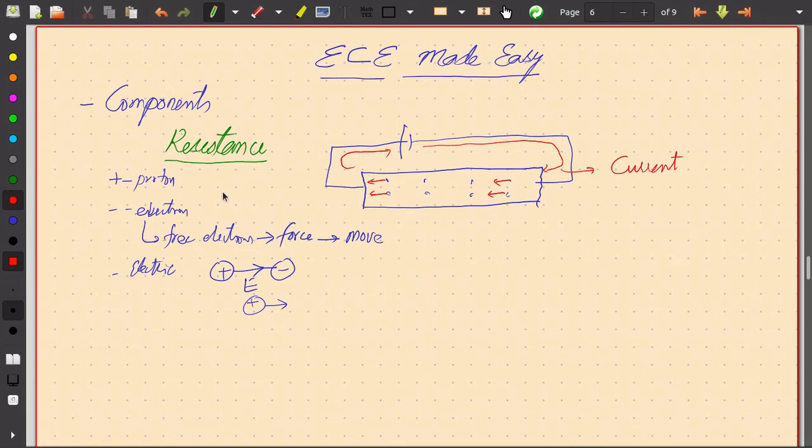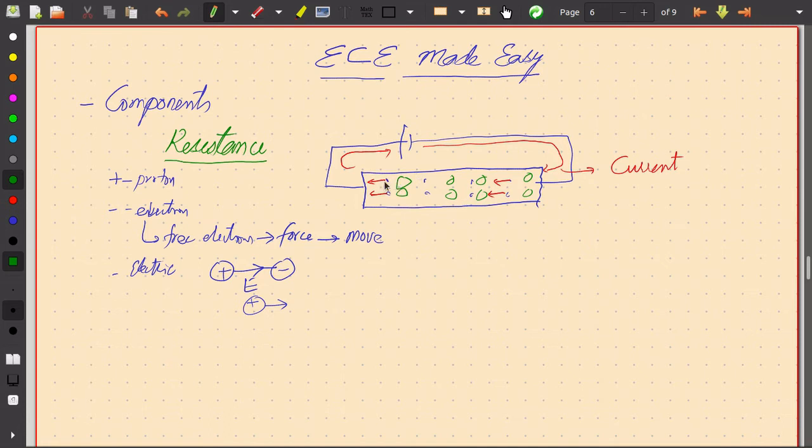But yes, there are some disturbances which we call as ions on the way. The electrons from the atom get stripped from the atoms, and they become free, and the remaining part of the atom, which are immobile, they remain as ions.